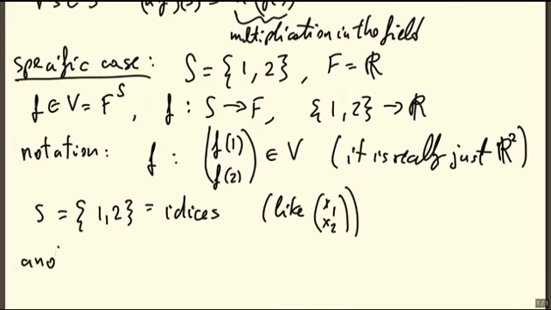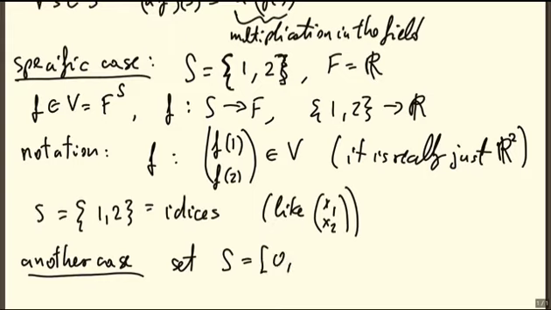Another example, another case of these function vector spaces, instead of just two values. Let me remind you that the sets are denoted by braces. Now if we set the set S to be, with the bracket notation, [0, 1], this just means the closed interval between 0 and 1.